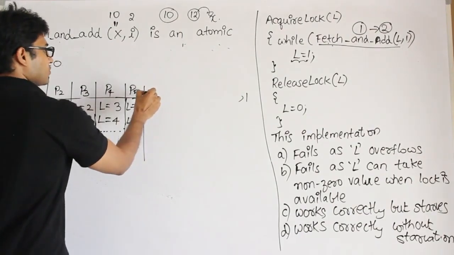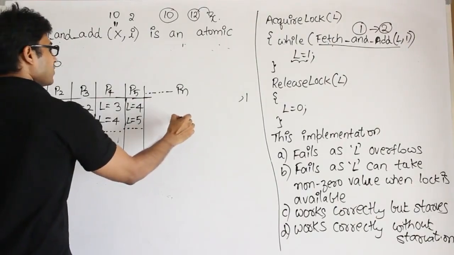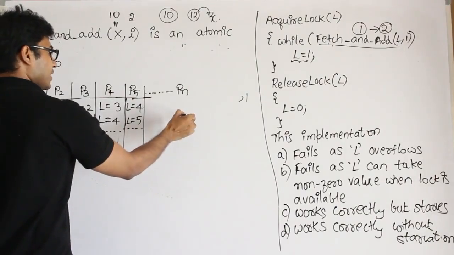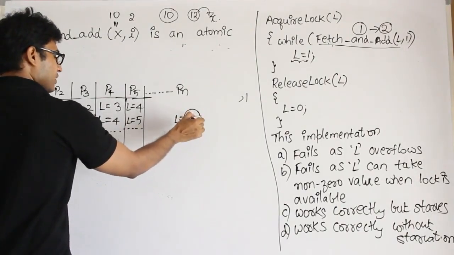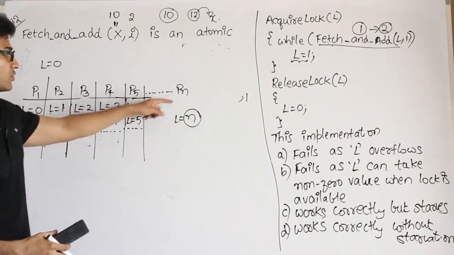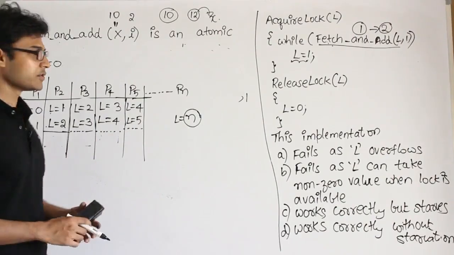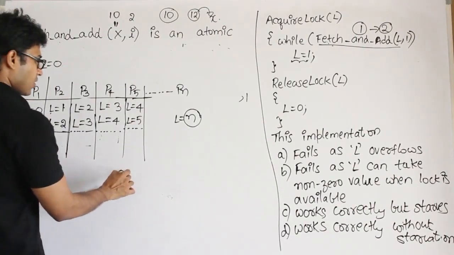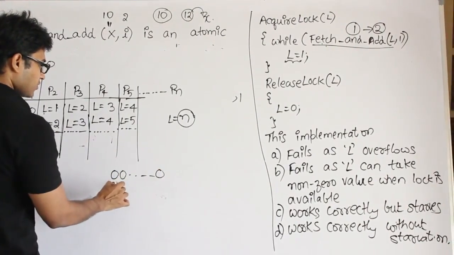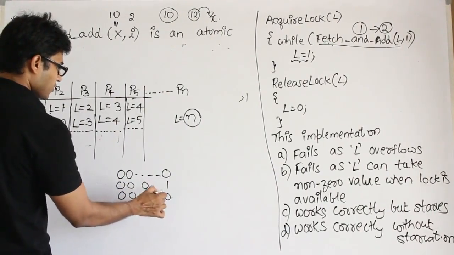Now on Pn, if this thing happens, then L value will become n, and this n can be so large that our variable L might not be able to hold it, which means you have started L as all zeros, and then 0 0 0 1 and then 0 0 1 0, and so on.